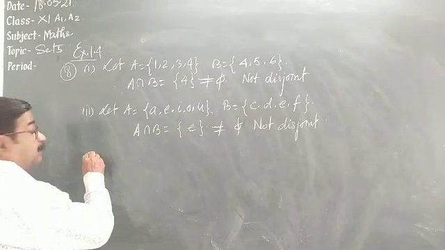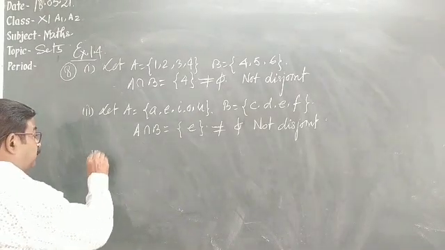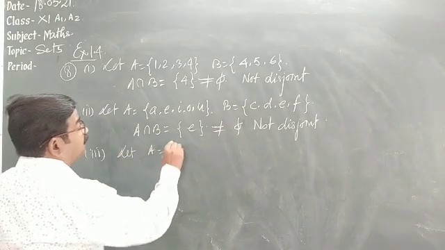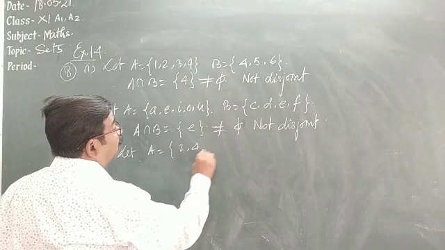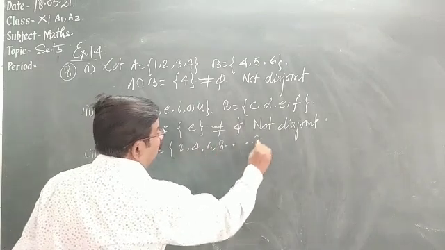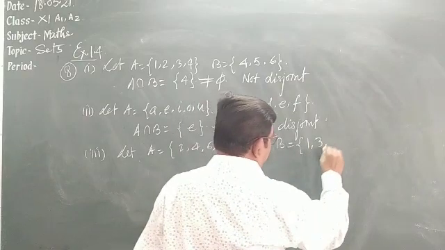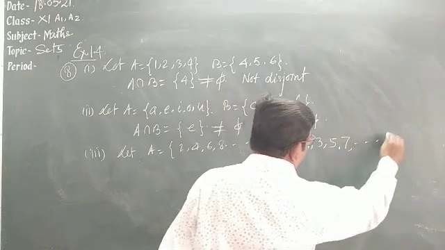So in third part, let A be 2, 4, 6, 8 and so on. B we have 1, 3, 5, 7 and so on.